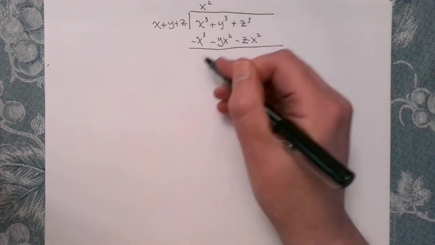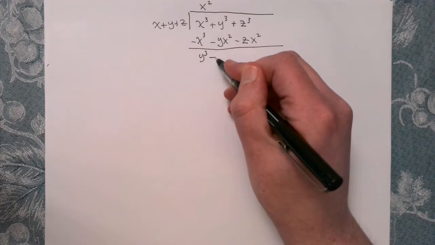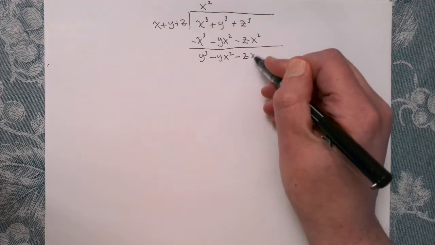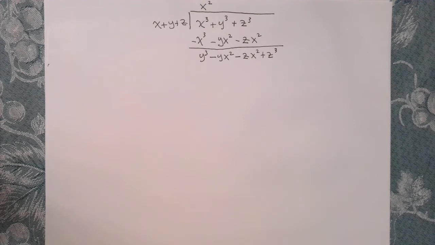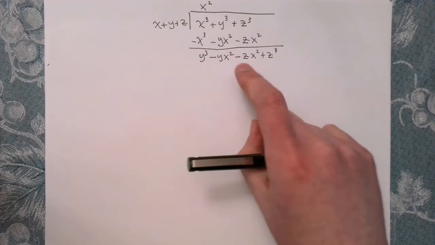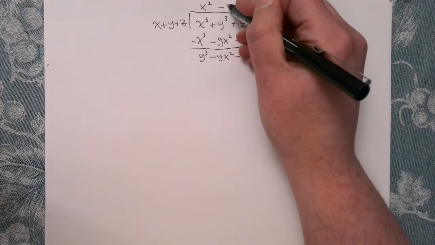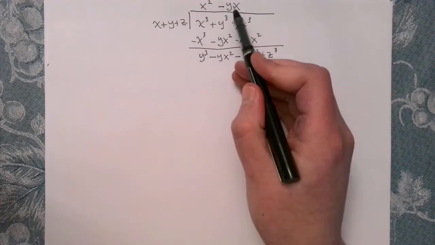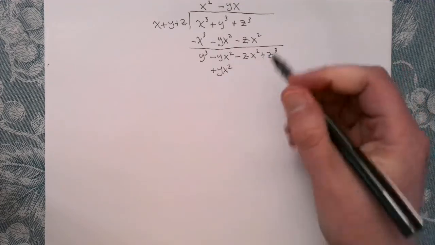Okay, let's see what we still have. We still have this y cubed minus yx squared minus zx squared plus z cubed. So let's do minus yx. If I multiply here, that's going to be minus yx squared, but plus. That seems nice.